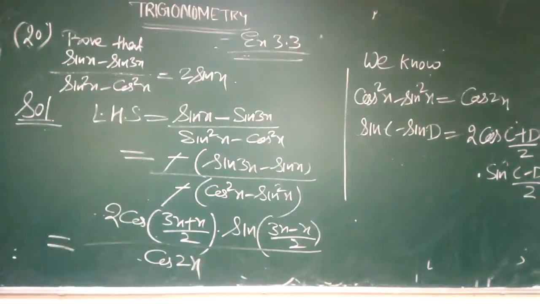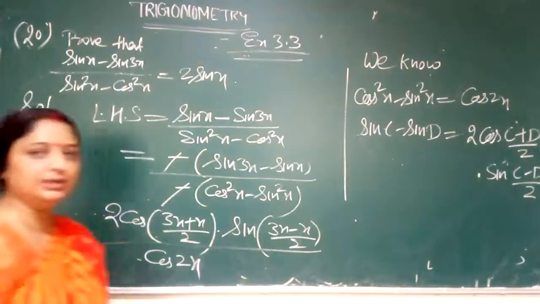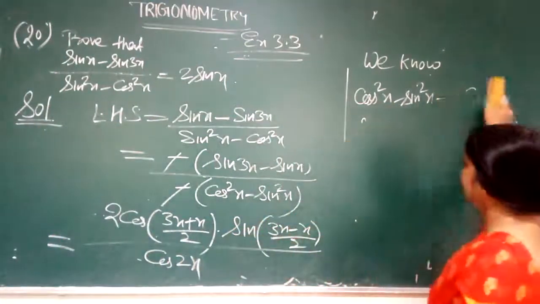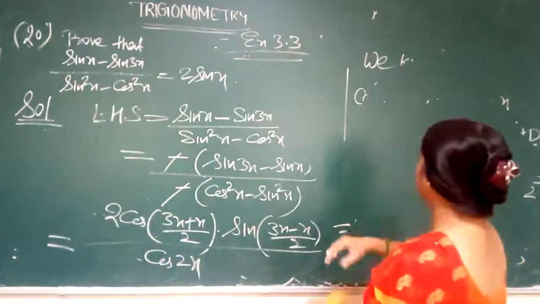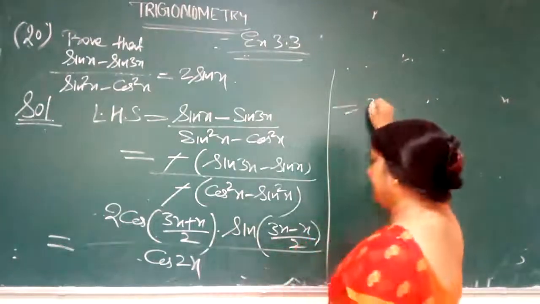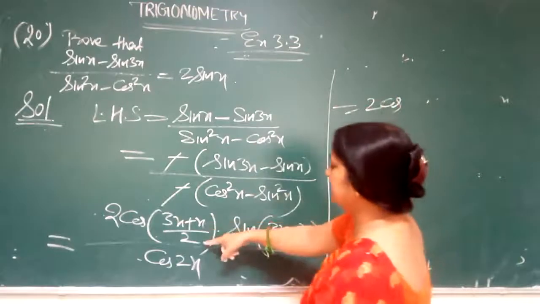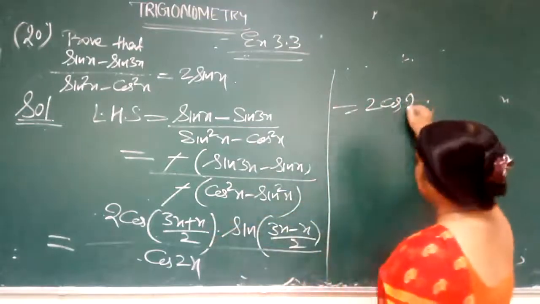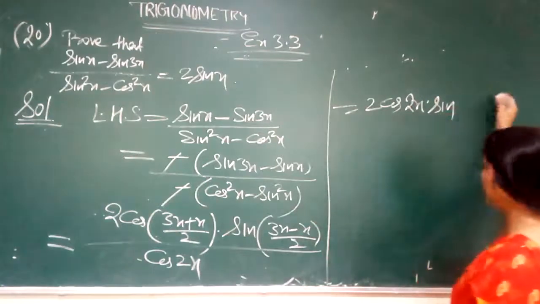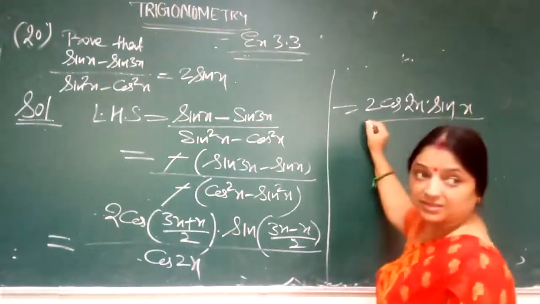Now after that we can change this term. It will come 2 cos (3x plus x) by 2, 4x upon 2, that is 2x, into sin (3x minus x) by 2, 2x upon 2, that is x.